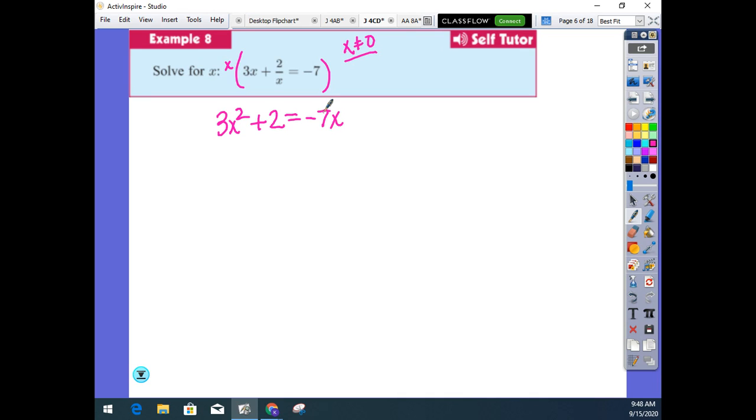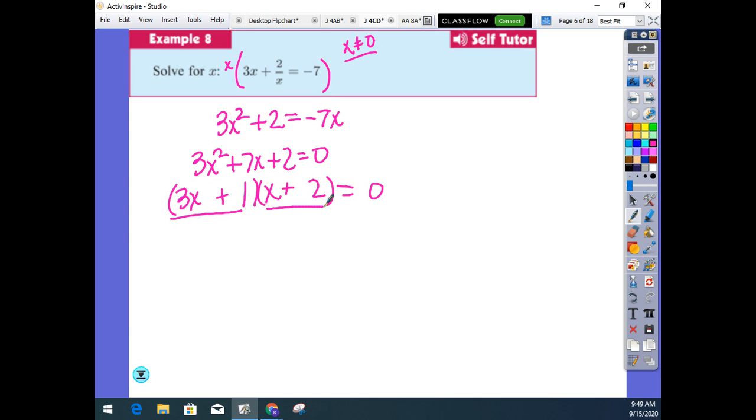Now I'm going to move the 7x over, and this looks like my regular quadratic equation. Now I'm going to factor. To make 3x squared is just 3x and x. To get 2, I need 2 and 1. Notice 3x is 6x plus 1x is 7, plus plus.